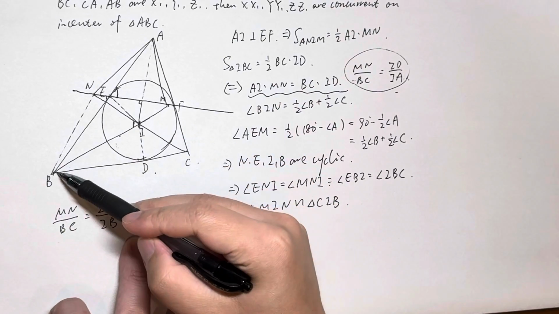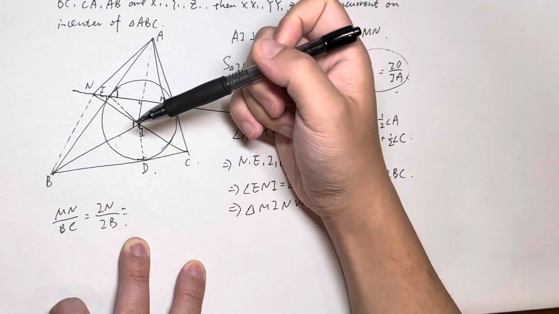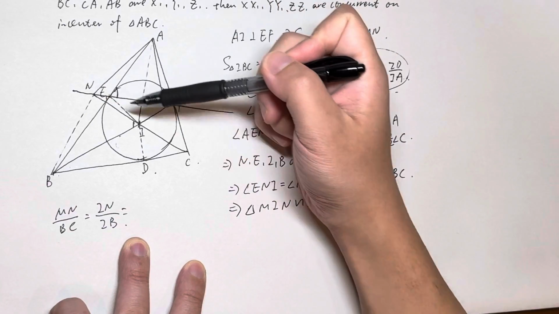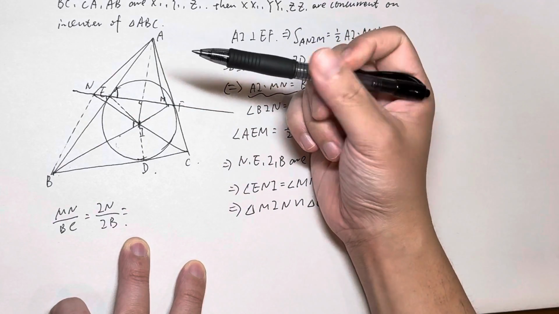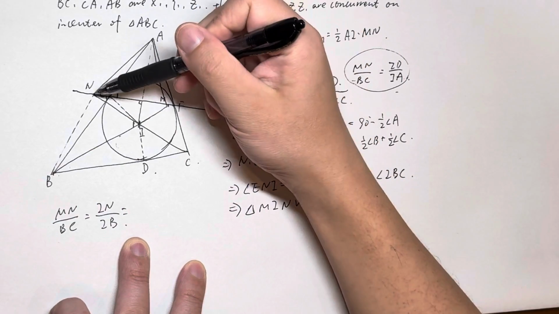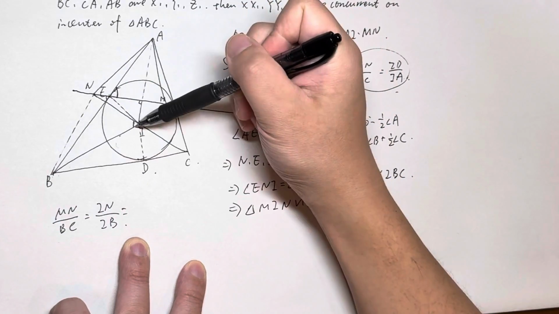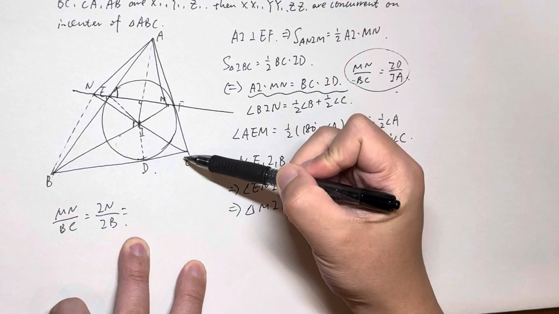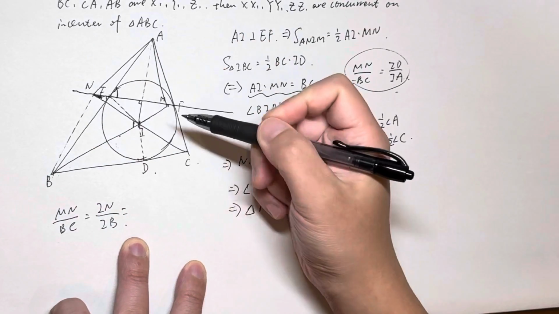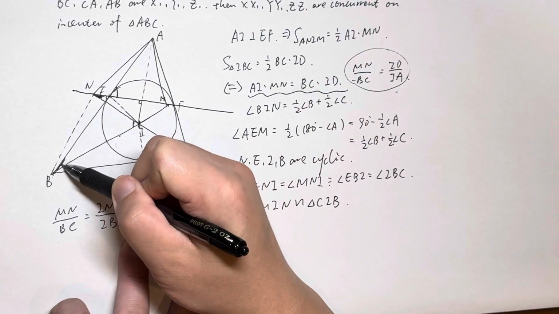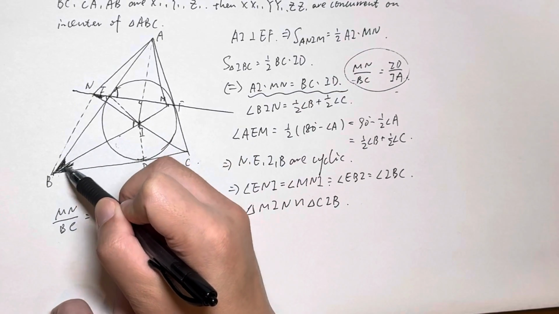Because angle MNI equals angle ABI, which equals angle IBC, we know that this angle equals this one, and also equals this one.